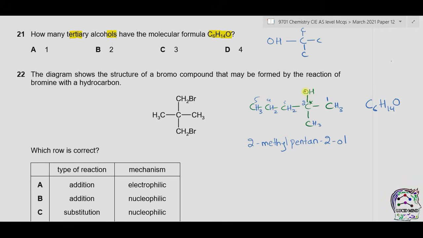Now we can shift the position of this OH to third carbon. The structure will be like this. As this carbon is tertiary carbon, so therefore it is attached to 3 carbon atoms directly. Rest are the hydrogen atoms.